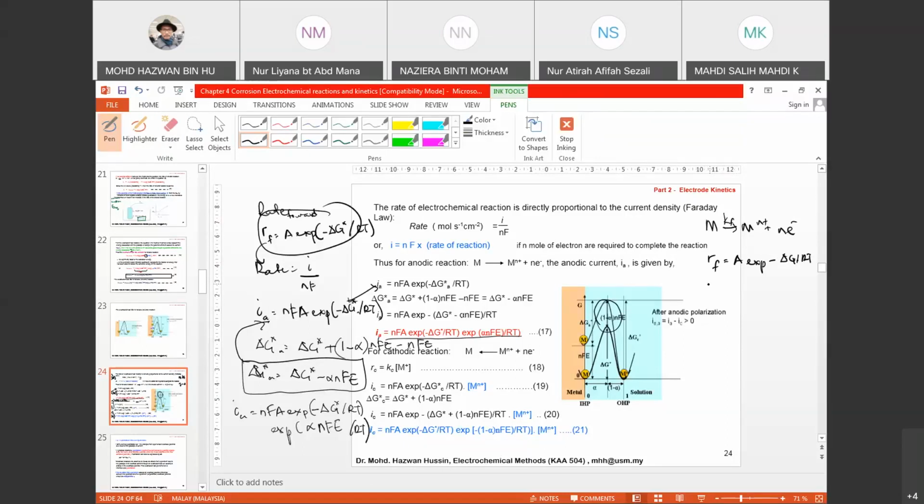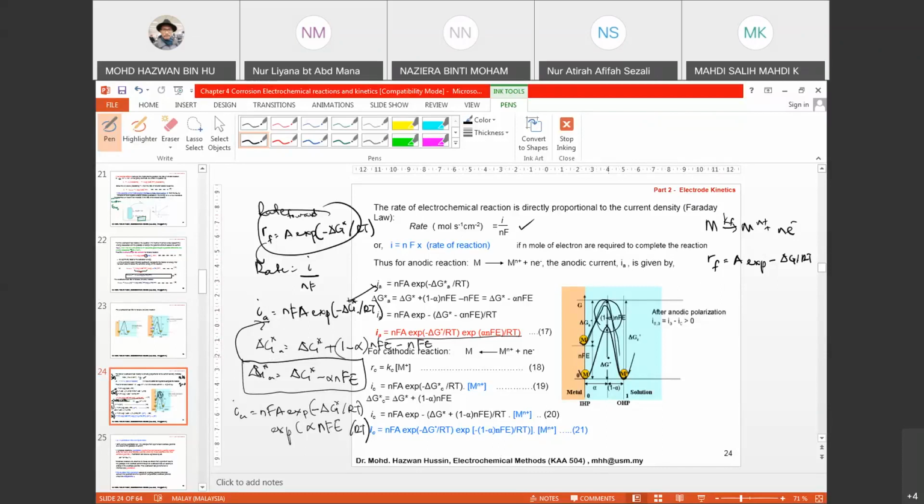Then you substitute into this formula, or this equation, and you will get this. And delta G, as I said, is the anodic activation energy, because it has already increased, so you have an increase over here.